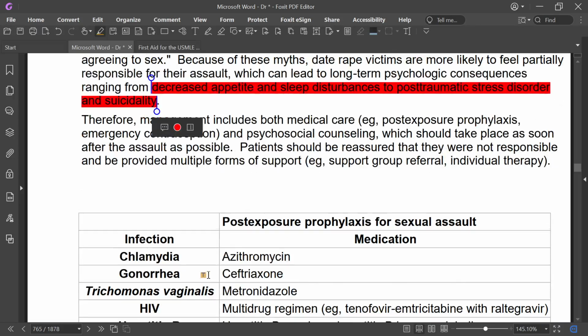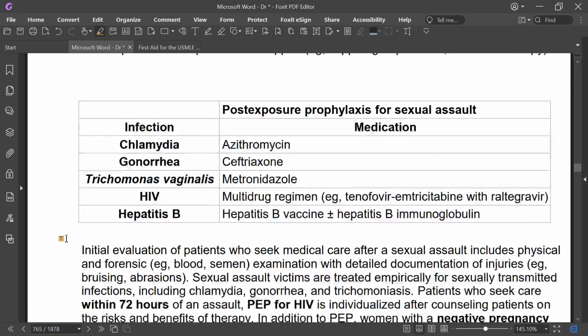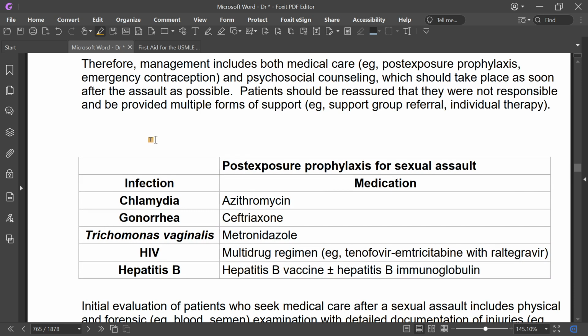So the person, the woman or the man, feels personally partially responsible for this happening. They start having psychological problems like PTSD, sleep disturbance, decreased appetite, and suicidality can happen.